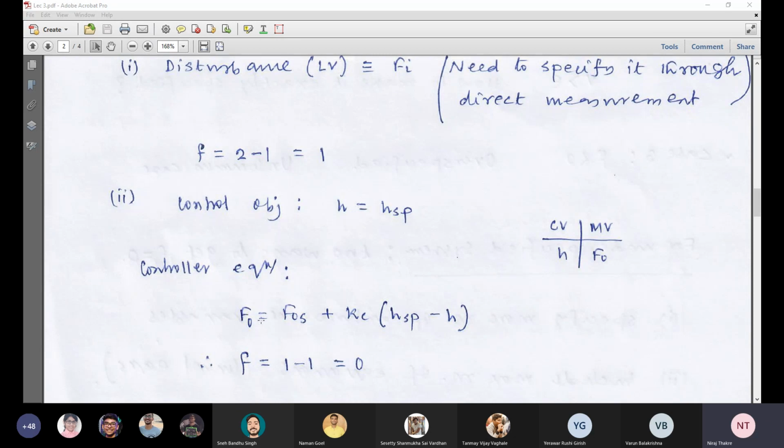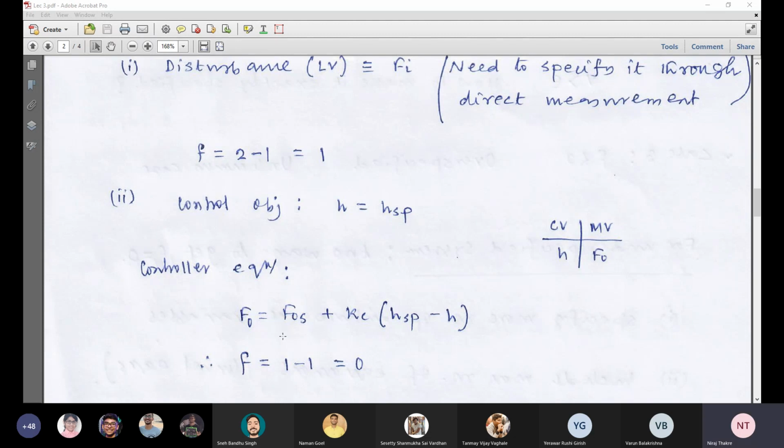You see these two are correlated, Fo and H. All the rest of the terms in this equation are constants. Fo is our manipulated variable and H is our controlled variable. The rest of the three terms are constants.